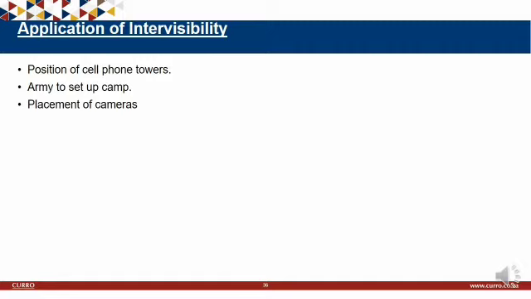Now, placement of cameras, obviously. Cameras use intervisibility. They need to be placed at a strategic point where they can see what's happening. It's no use placing a camera where there is no intervisibility between you and your target.